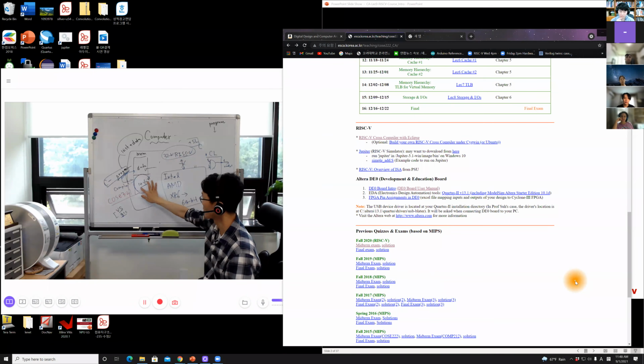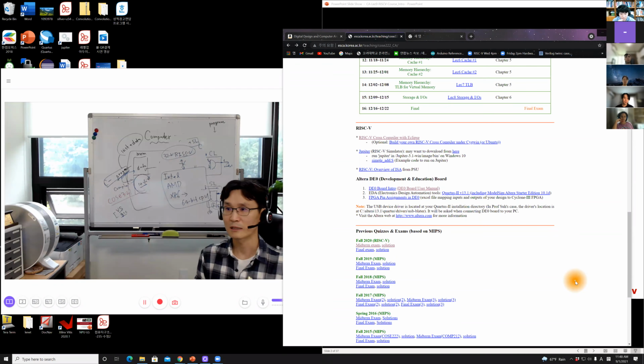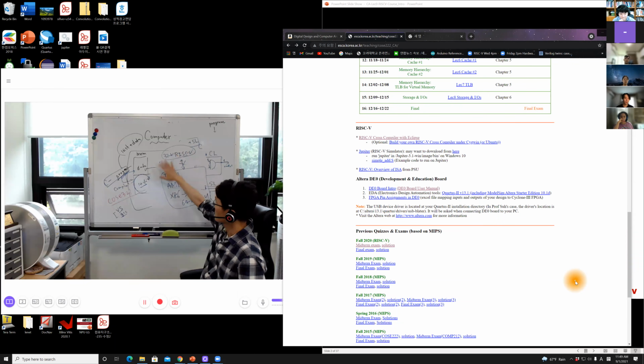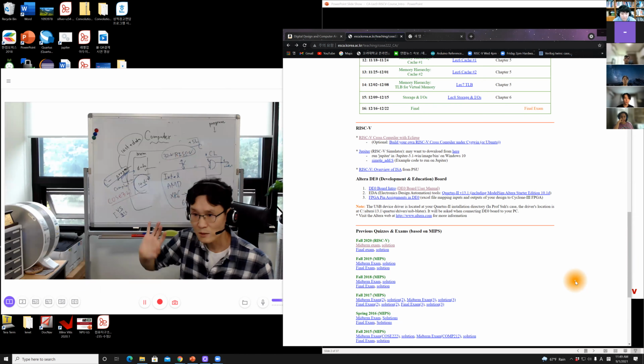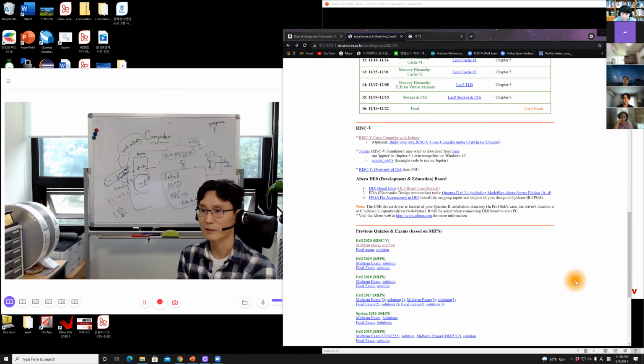By then we are not going to talk a lot about digital logic design. But after the midterm exam, we will jump into the digital logic of this CPU. So depending on your progress, it is possible, but again, it's up to you.